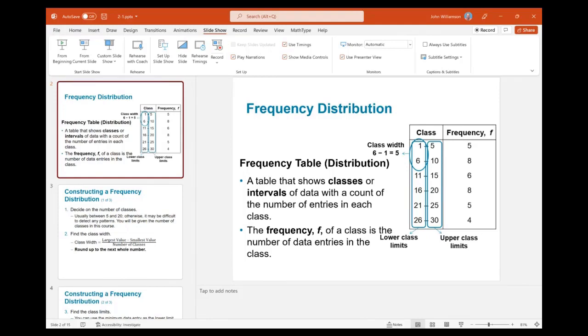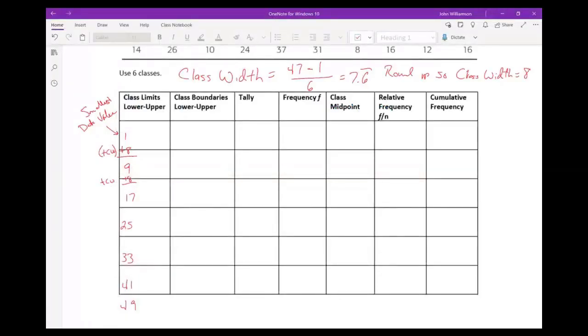Remember, we're taking that long list of raw data, like I showed you a couple of weeks ago, and we're just putting it into boxes. Each of these classes is like a box. If there were overlap between the different classes, you could potentially put something in two different boxes. How would you know which class to put it in? So we do not want overlap.